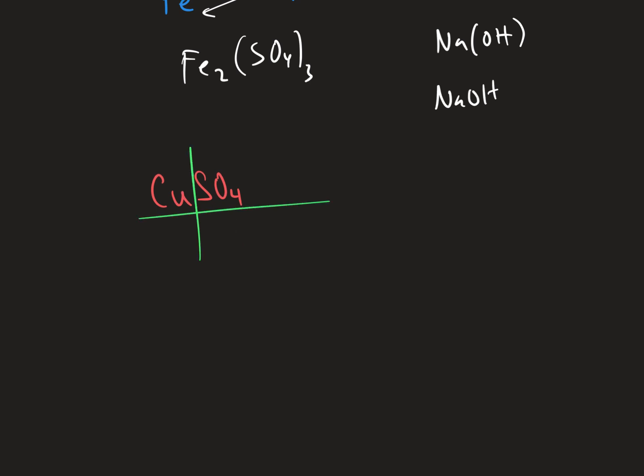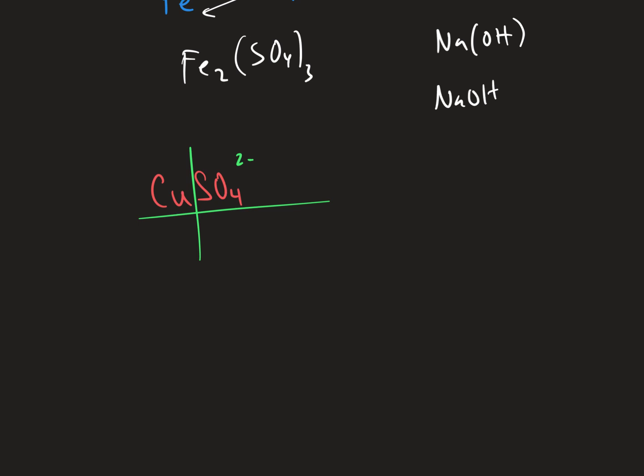What's the charge of SO4? 2 minus. And how many are there? 1. How do we know there's 1? No parentheses. It's a polyatomic ion and the 4 is part of it.